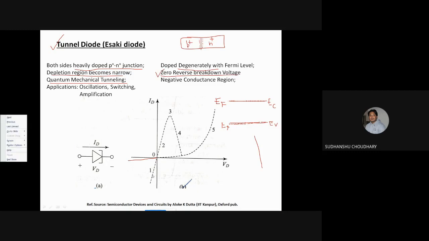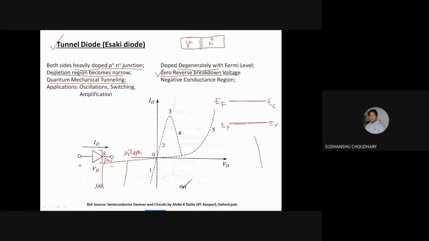That is, the diode enters breakdown as soon as the reverse bias is increased beyond zero. However, in the normal case, the diode breaks down after some reverse bias, which is called the breakdown voltage, and somewhere around 3 volts Zener breakdown happens, and somewhere around 8 volts or more, avalanche breakdown happens.